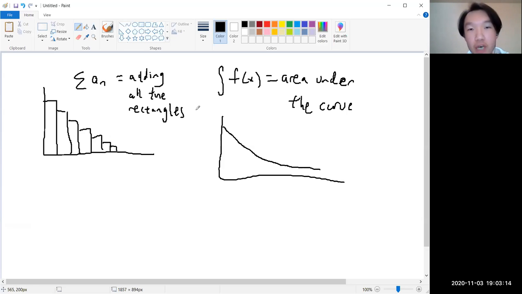But you can see how these two are very similar because you're essentially just adding up areas underneath some region, which explains why a lot of the rules are the same. I don't know if you can see it, but the symbols for summation and integration can be made to look very similar. You start with summation, which looks like this.